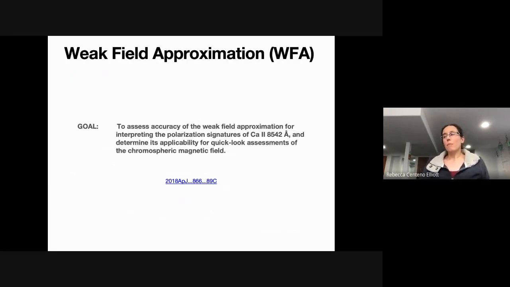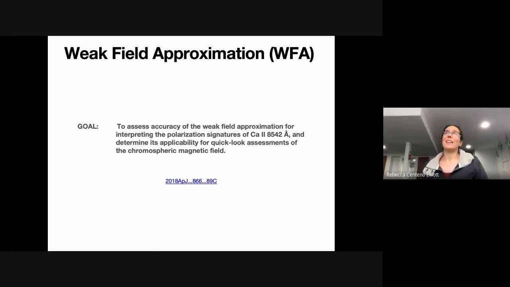So the first subtopic that I wanted to talk about is the weak field approximation applied to the spectral line of calcium. The weak field approximation is a conceptually rather simple but computationally very affordable method for doing inferences of the strength and the orientation of the magnetic field from observations of the intensity and the polarization of spectral lines.